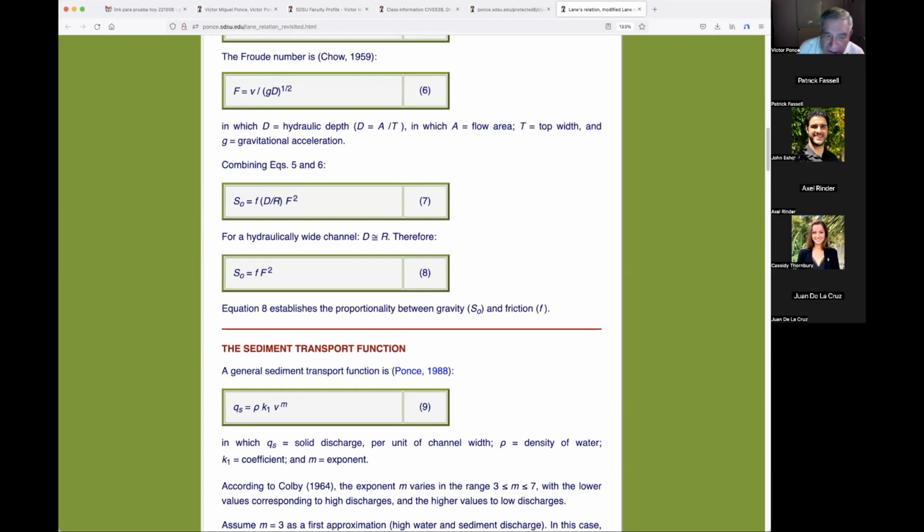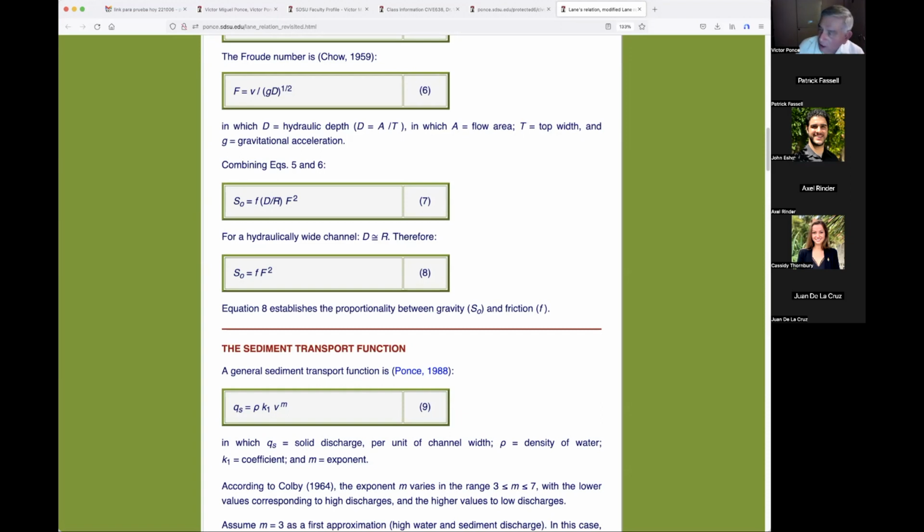This equation is not only important, it's really fascinating because it ties the 3 very important things in hydraulics: the slope, the friction, and the Froude number, which is ubiquitous, meaning everywhere. You can find the Froude number everywhere because of its importance in this equation, or I guess you could say of its entry into this equation, which fundamentally ties friction and gravity.